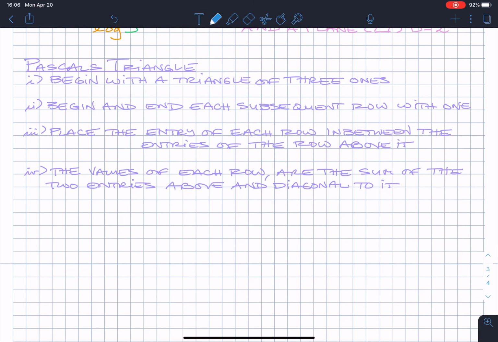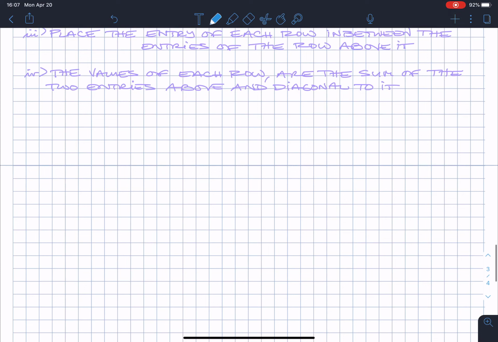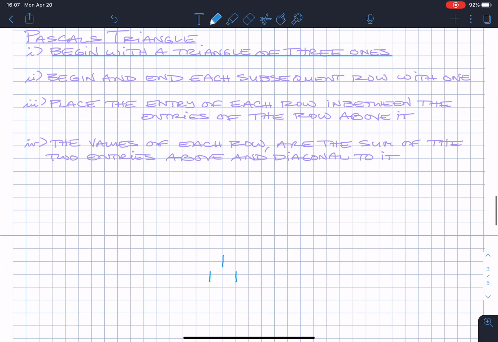Okay, so what should I do? Let's underline this row in dark blue. So I begin with a triangle of 1s. So let's go to the next page, and I'm going to begin with a triangle 1, 1, 1. Okay, so now begin and end each subsequent row with 1.